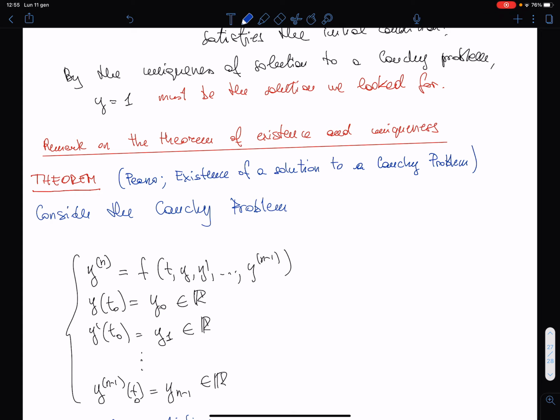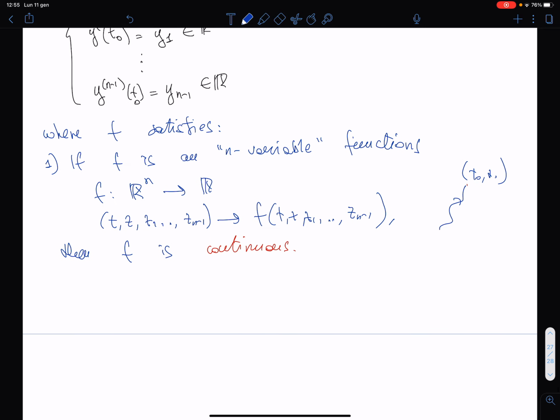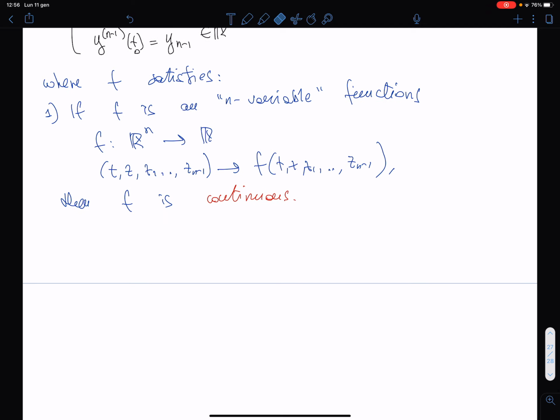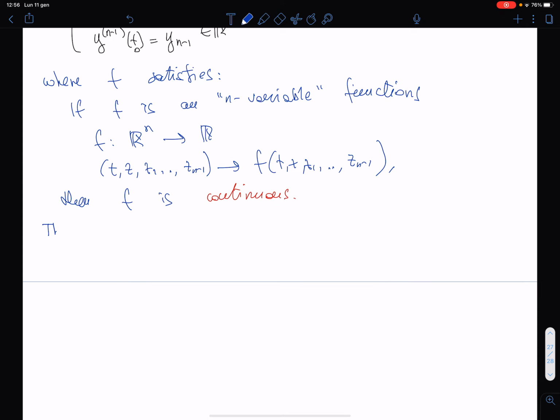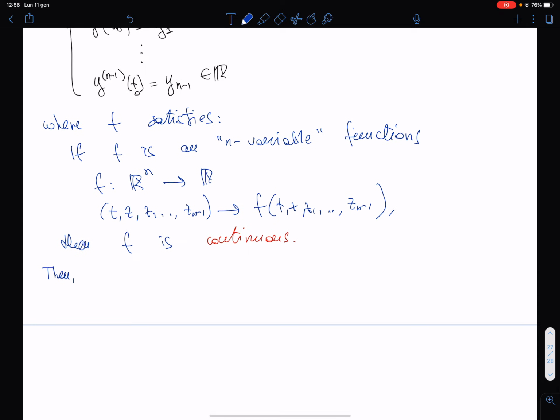So consider, as usual, a Cauchy problem where f satisfies this and is continuous. Then there exists a solution to the Cauchy problem.